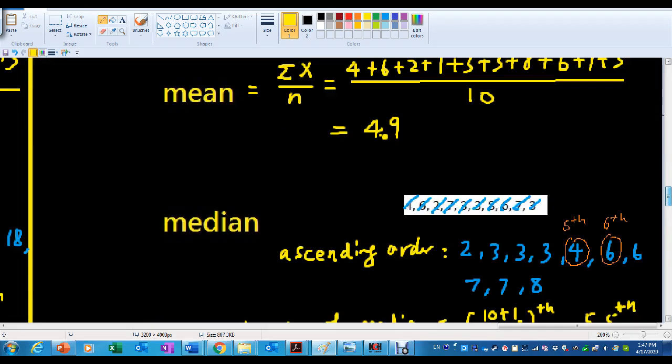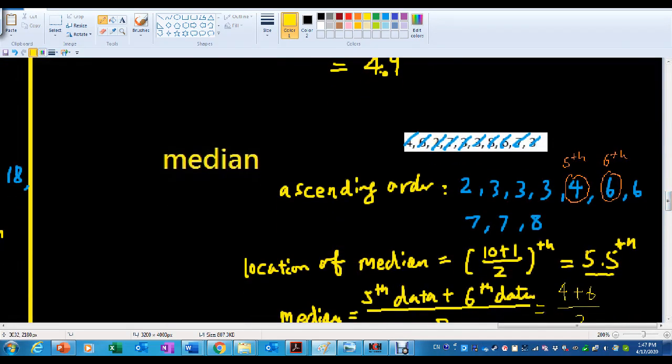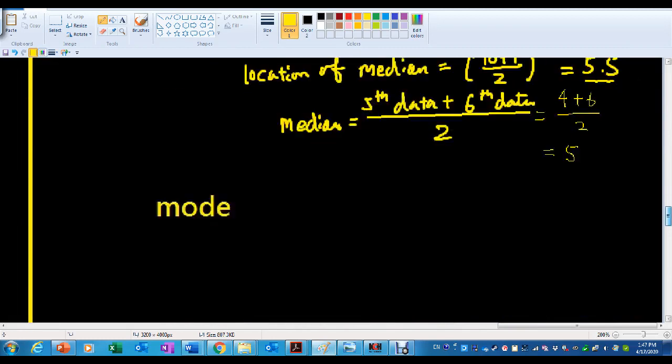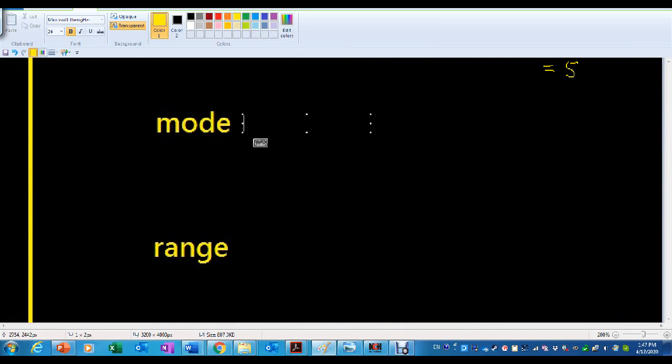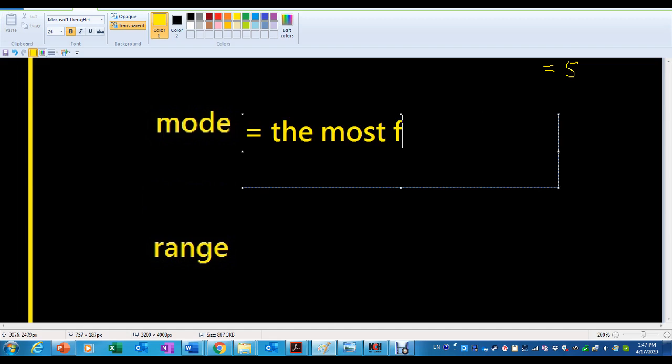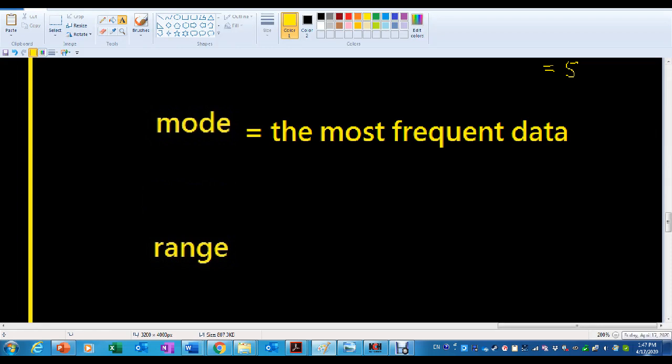So how about the mode? If you see our data, the most frequent data would be 3, which in this case should be 3.